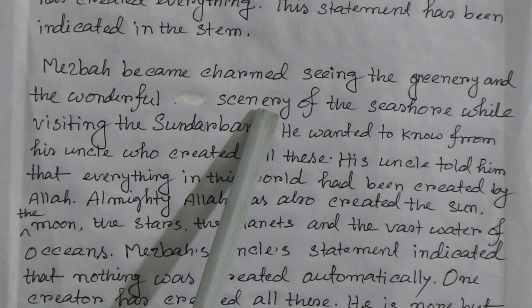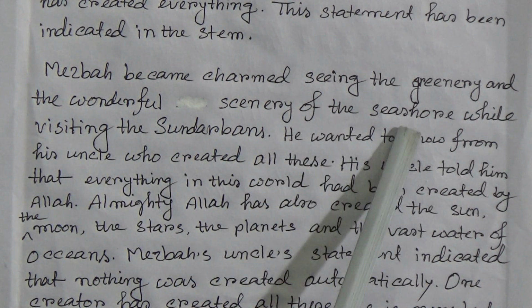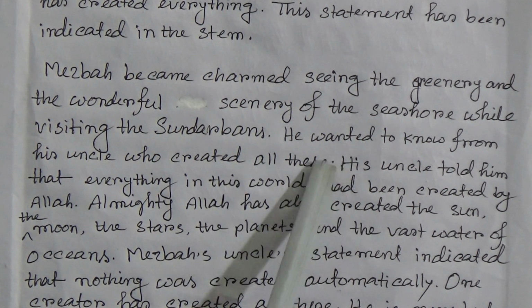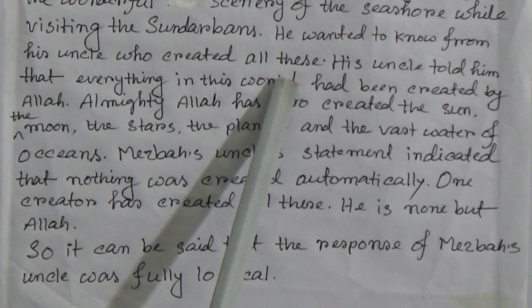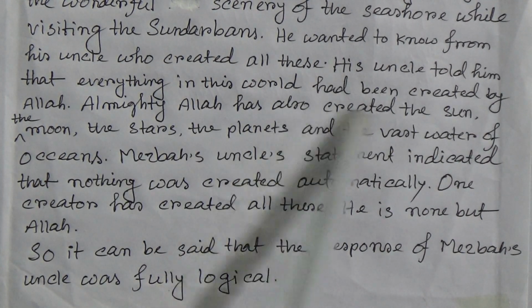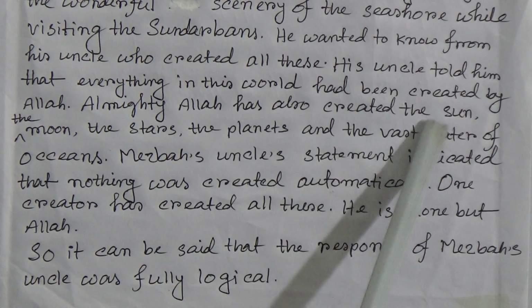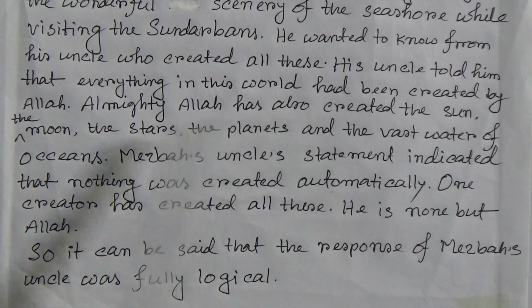Mesbah became charmed seeing the greenery and the wonderful scenery of the seashore while visiting the Sundarbans. He wanted to know from his uncle who created all this. His uncle told him that everything in this world had been created by Allah. Almighty Allah has also created the sun, the moon, the stars, the planets, and the vast water of oceans.